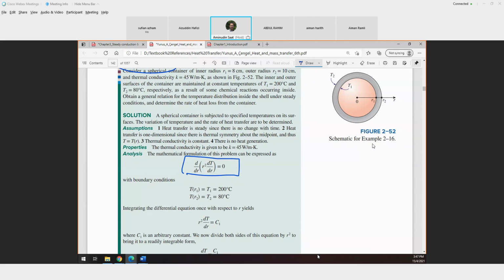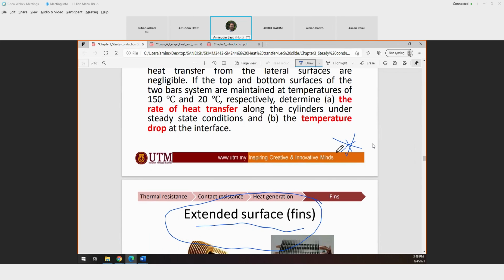For example, you need to understand why the assumptions are written here. You need to understand each statement in the textbook so that it can assist your understanding in solving problems related to heat transfer, whether in cylindrical, spherical, or Cartesian coordinates. I think that's all to answer your question. Okay, with that, thank you very much.